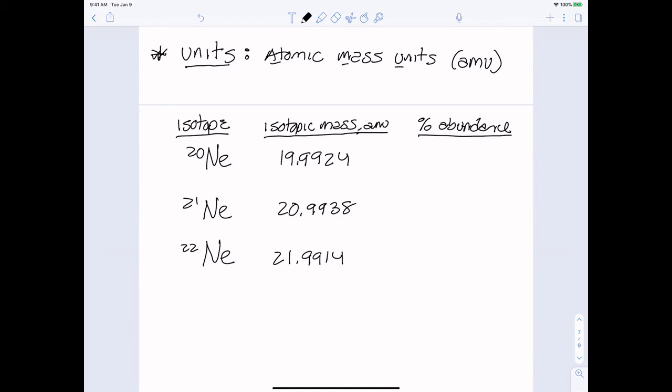For percent abundance, most neon in nature is in the form of neon 20, so 90.48%. Only 0.27% for neon 21 and 9.25% for neon 22. So when we calculate our atomic mass, it's going to be closer to 20 than it's going to be to 21 or 22 because most neon is in that form.